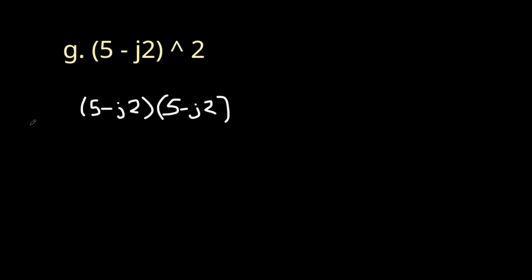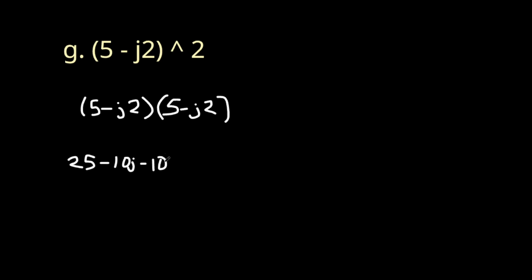So 5 times 5, 25. And then 5 minus j2, well, the real numbers, 5 and 2 is 10, and there's a negative sign, so negative 10j. And then for this term over here, we can do negative j2 times 5, and that's the same thing as we did before.